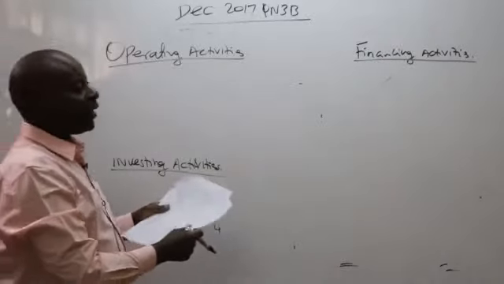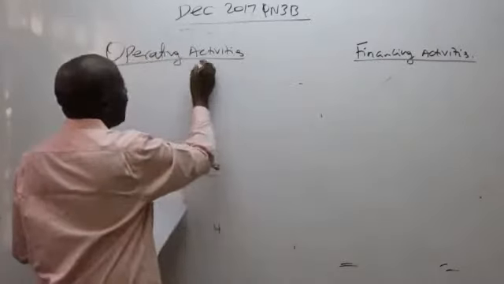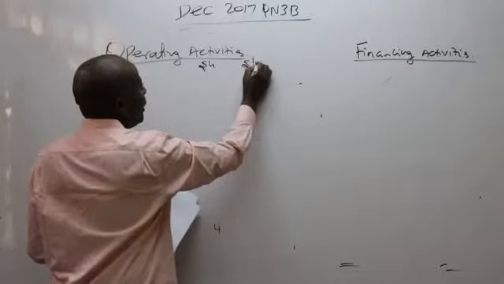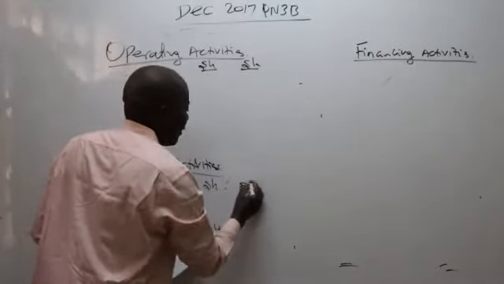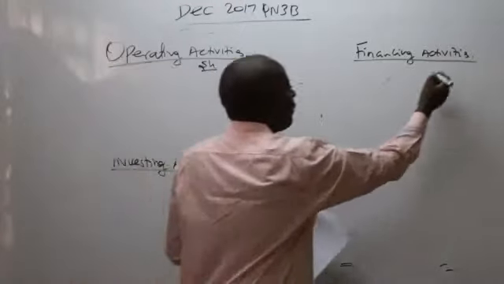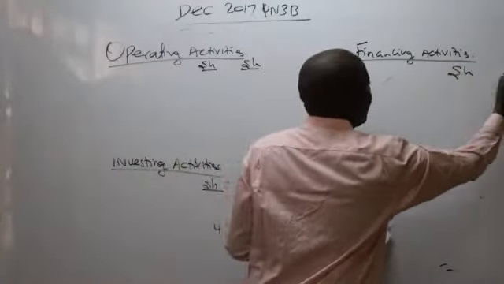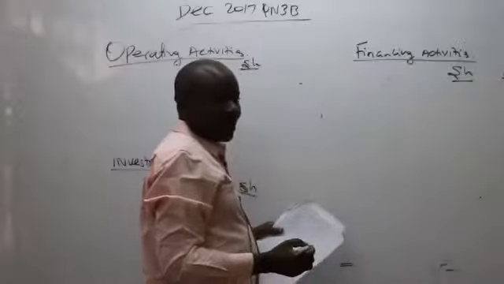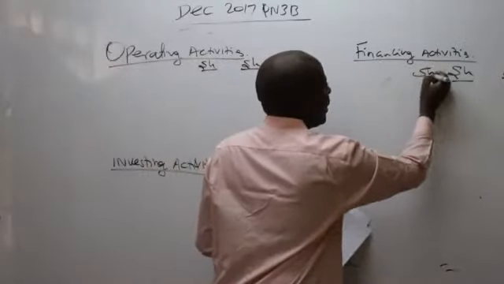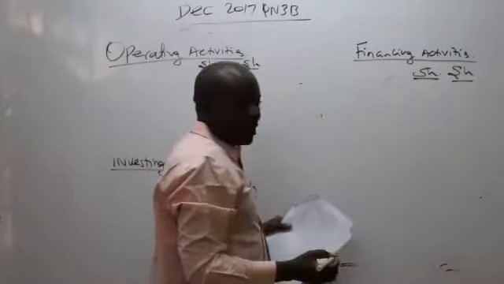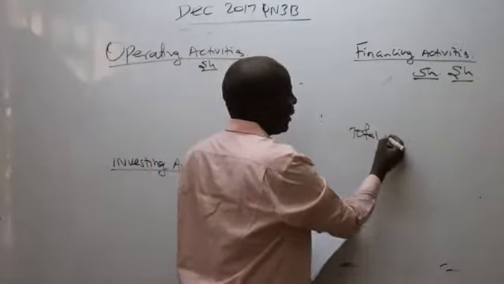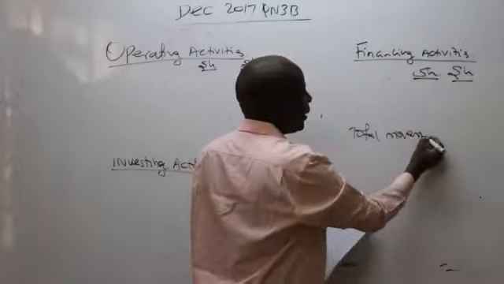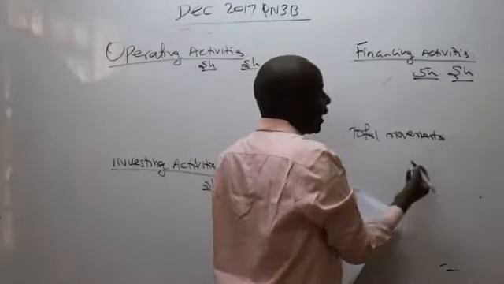Ladies and gentlemen, after financing activities, I know that here I have shillings. I'll have to capture my currencies like that. At the end of the day, I'll capture something we call total movement, the total movement in terms of my activities.